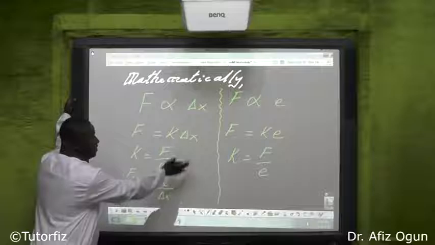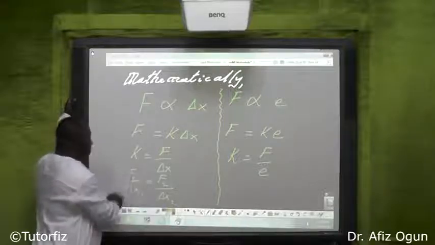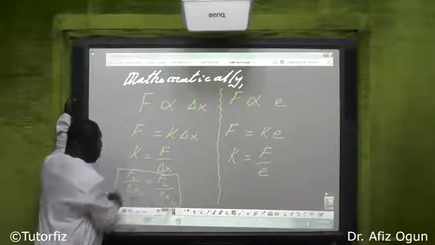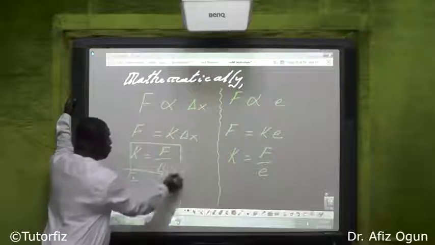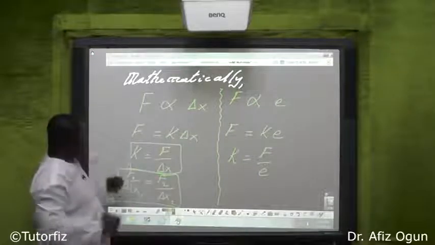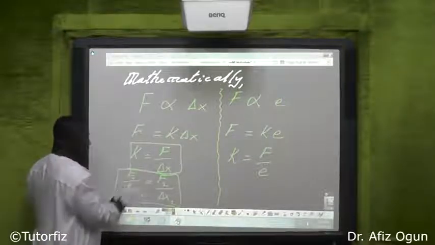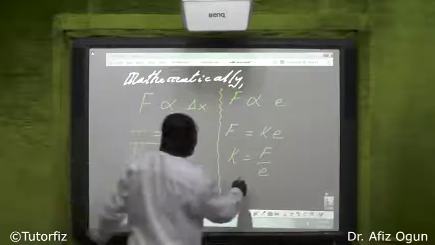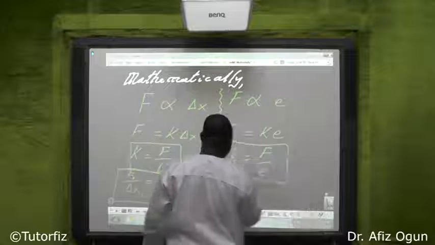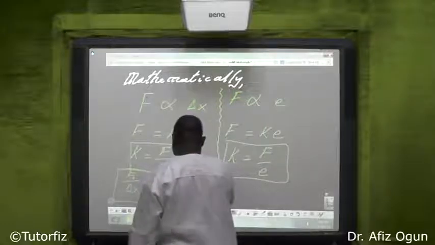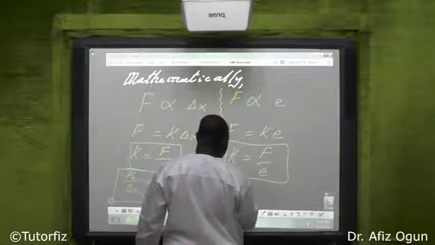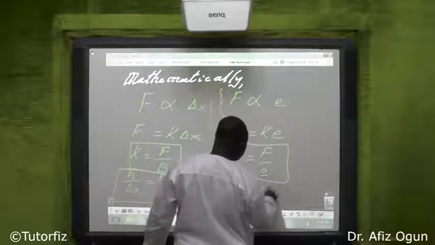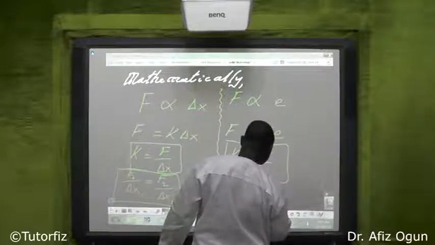So F3 divided by delta X3. So this formula works, and this formula also works. So F1 divided by delta X1 equals F2 divided by delta X2, and I can write it as F1 divided by E1 equals F2 divided by E2.